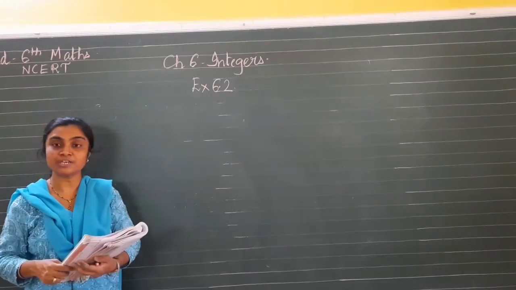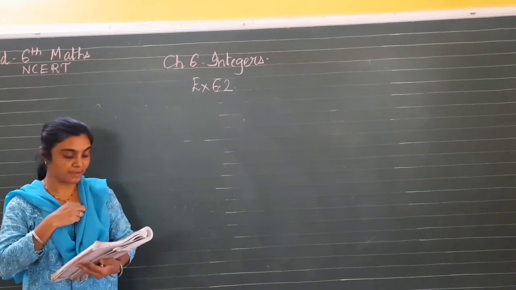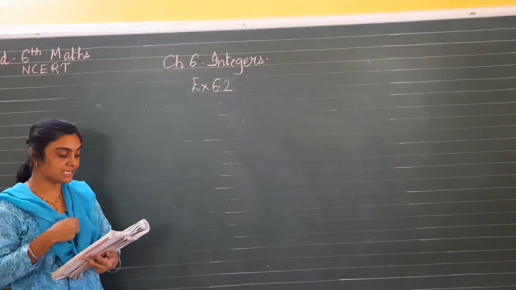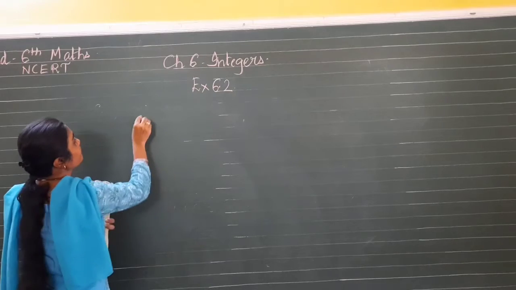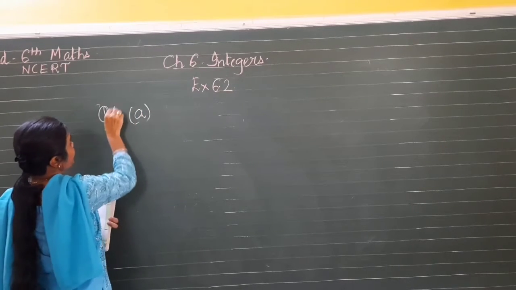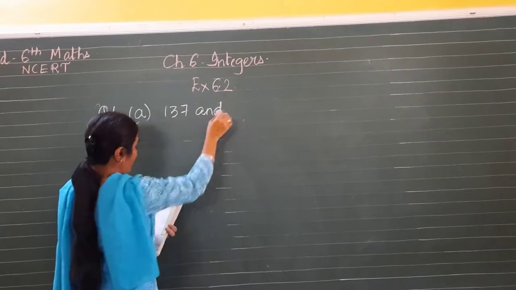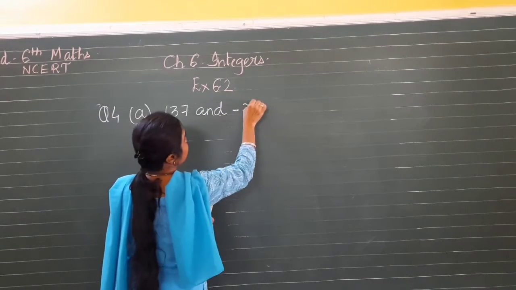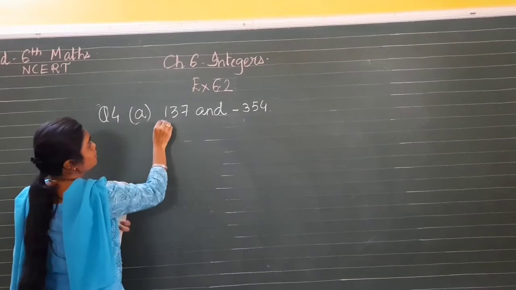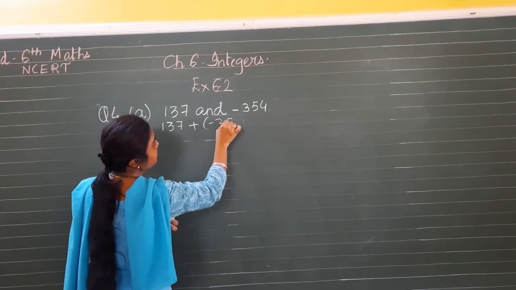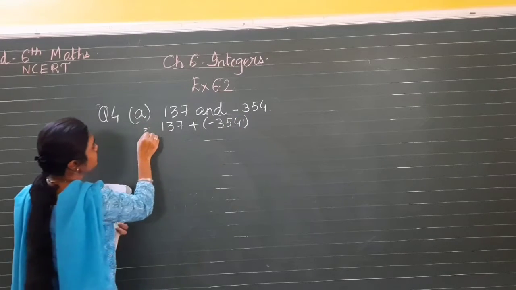Now let us start question number 4. Find the sum of. First one is A, 137 and minus 354. So 137, you have to add the number minus 354.